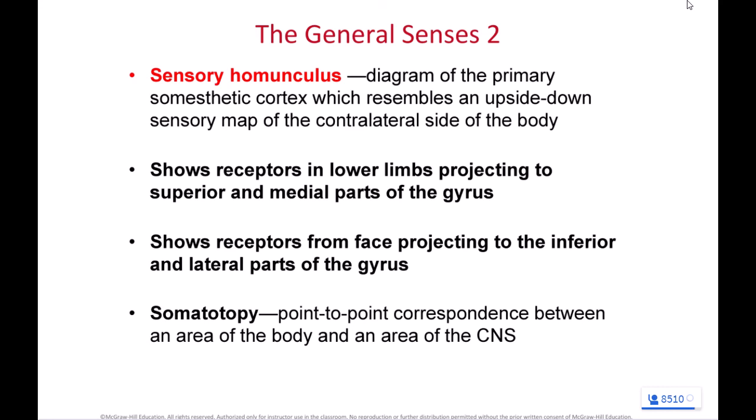Or you can correlate loss of sensation in a certain part of the body to make a strongly educated guess as to which part of the brain a stroke has occurred.